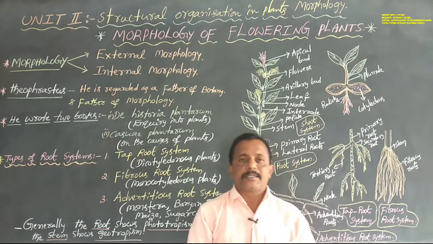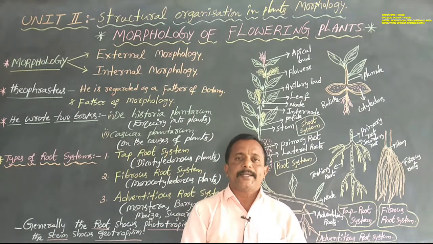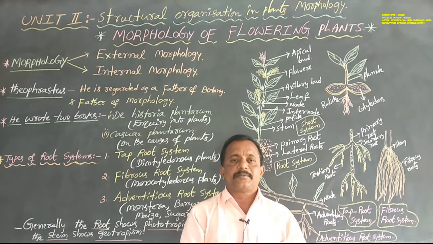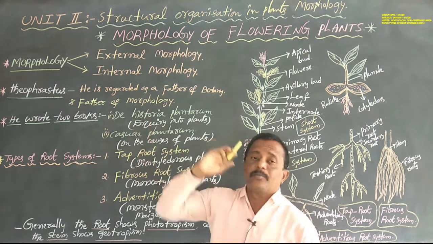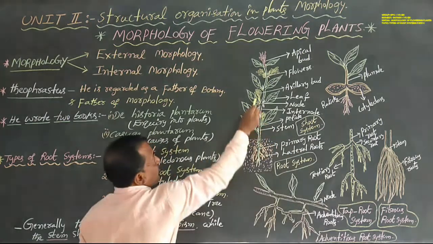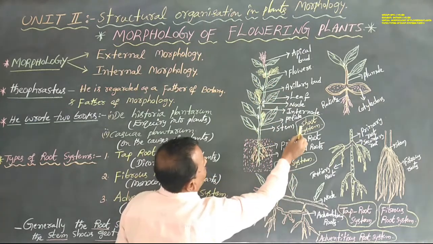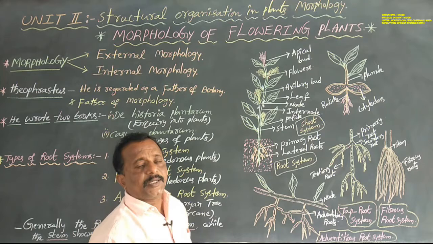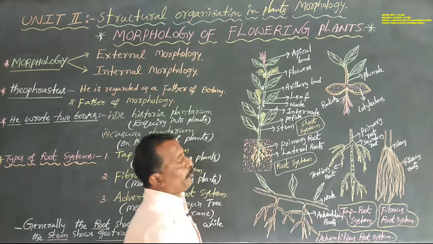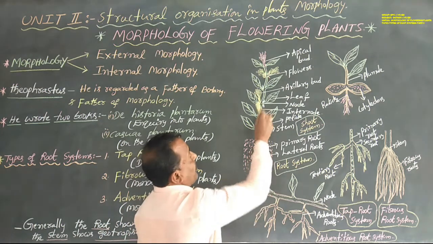It deals with the study and description of organs of plants, that is called morphology. Morphology is a fundamental requisite for classification.